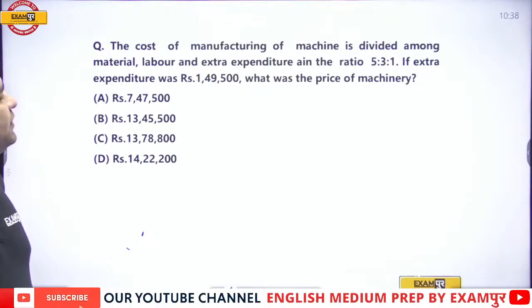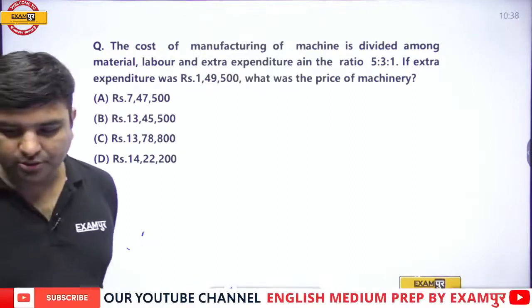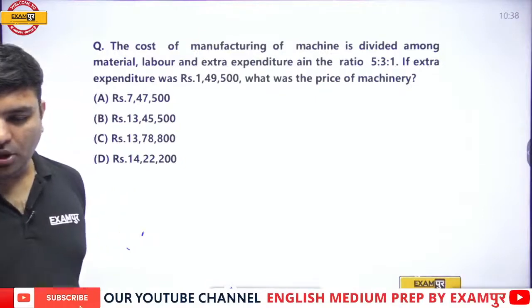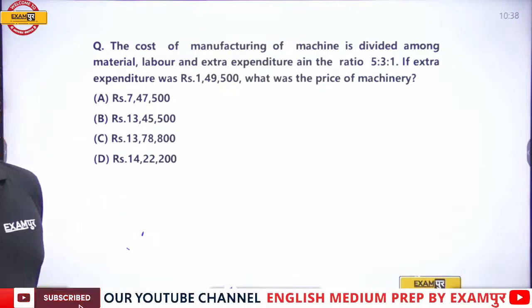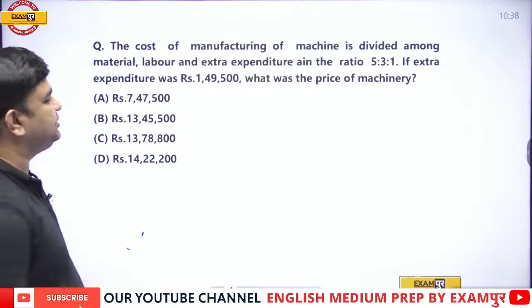The cost of machine is divided into three parts: material, labor, and extra expenditure.